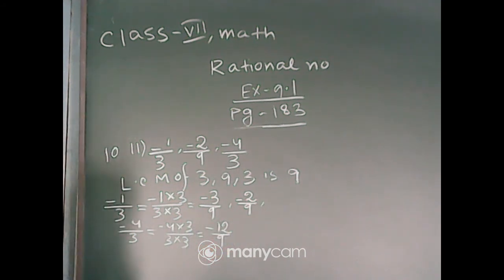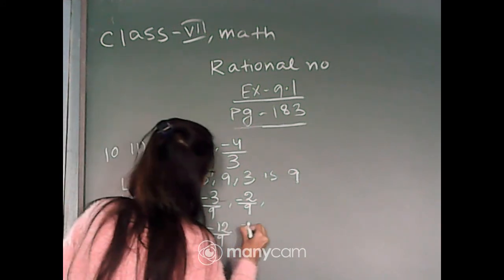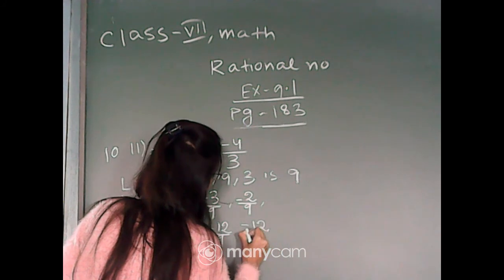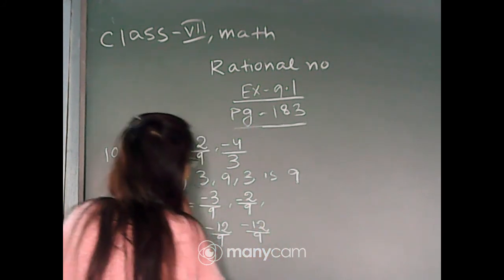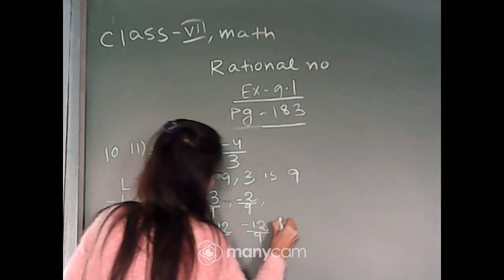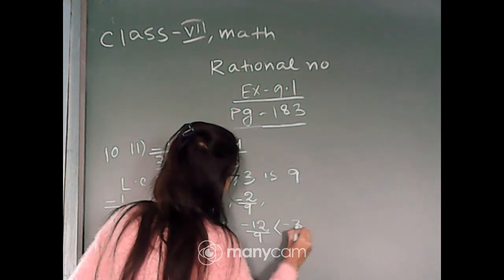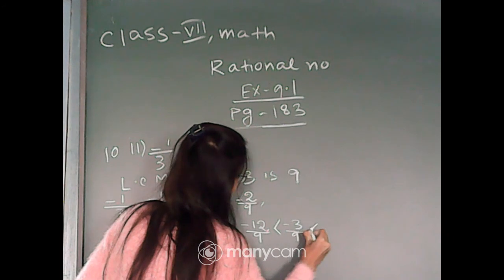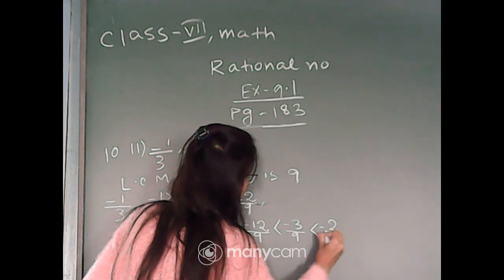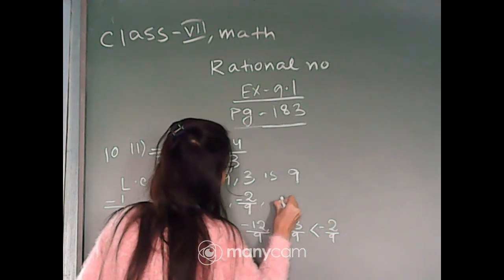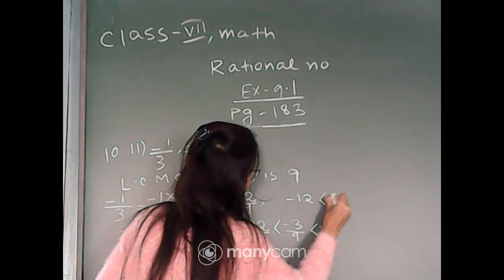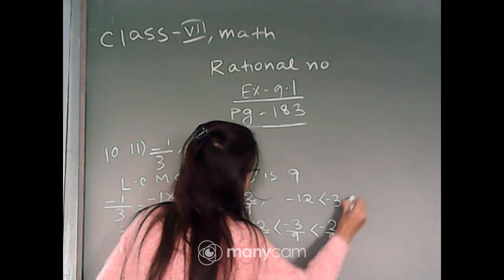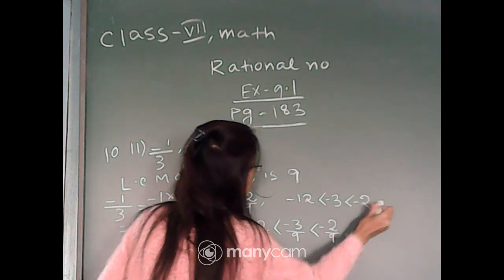Now, we know that minus 12 divided by 9 is less than minus 3 by 9 is less than minus 2 by 9, since minus 12 is less than minus 3 is less than minus 2, isn't it?